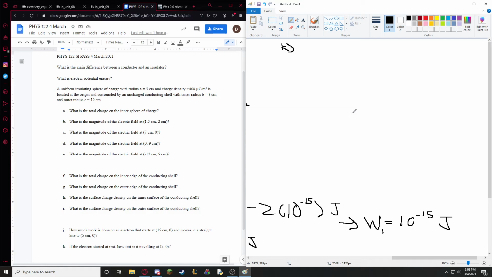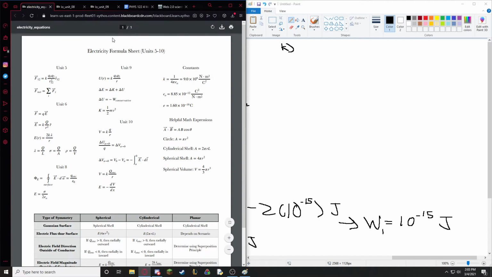We could use our change in total energy equation, right? Our change in total energy, so our delta E is equal to delta K plus delta U. We could do that. But we know that delta U, our total delta U, is equal to our work being done.